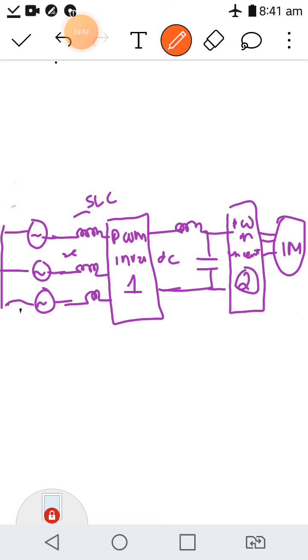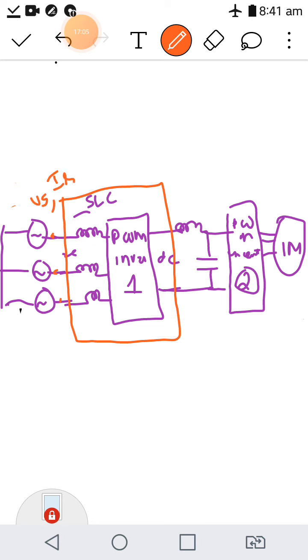Okay, so this is actually SLC, and this supply voltage here, AC supply, let it be the stator supply voltage Vs and Is. The PWM inverter output voltage here, let me call this V1, because this is inverter number 1. And the voltage of the PWM inverter 2 is V2.